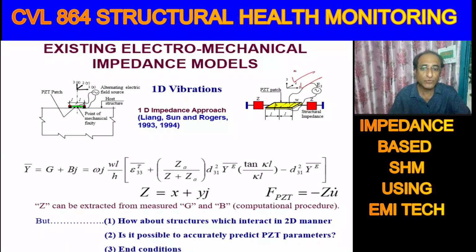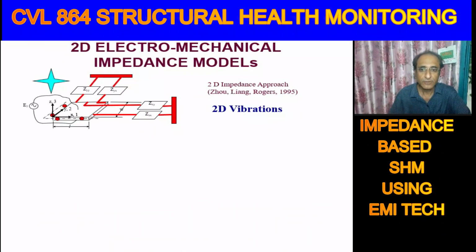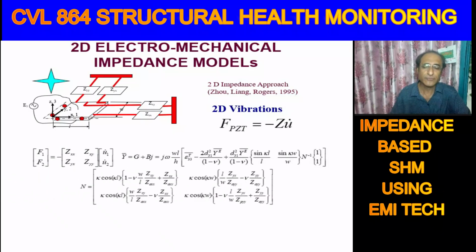So it's 2D interaction. 2D vibrations were modeled by various researchers. We're not going into the details. But for 2D interaction, one of the researchers used the concept of cross impedances.